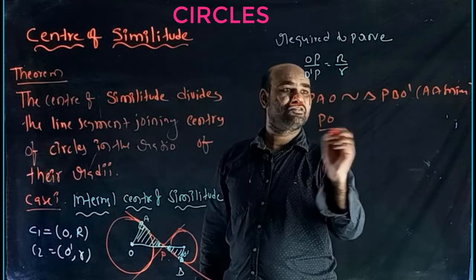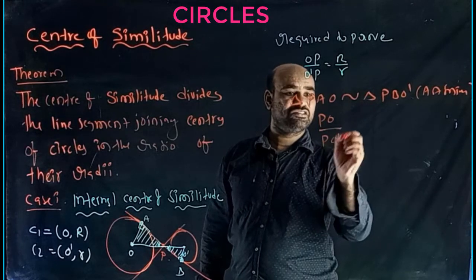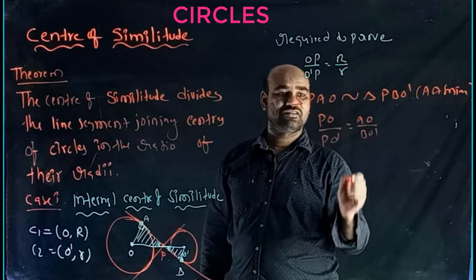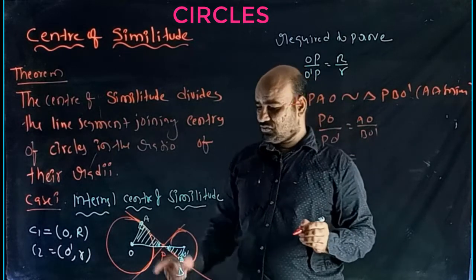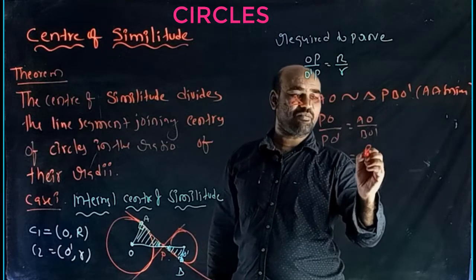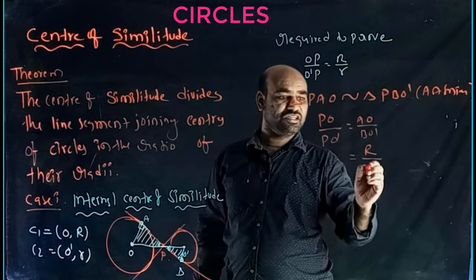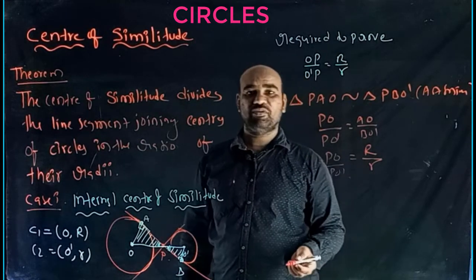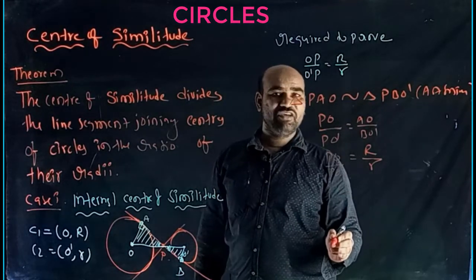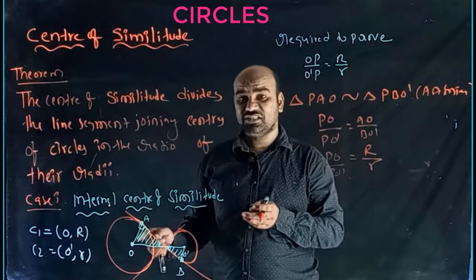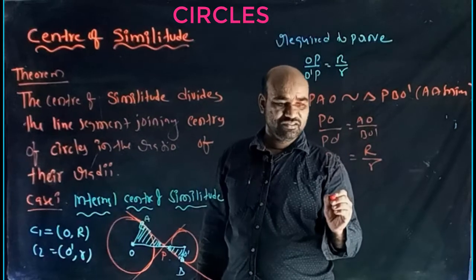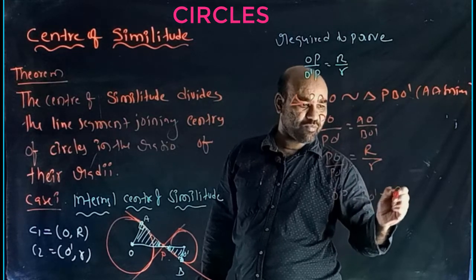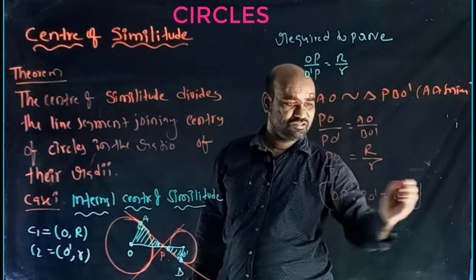PO by PO dash equals AO by BO dash. AO means the radius of the first circle, capital R. BO dash is small r. Therefore PO by PO dash equals capital R by small r. Therefore P divides the line segment joining the centers, that is OO dash, in the ratio of their radii. So OP is to PO dash equals capital R is to small r.